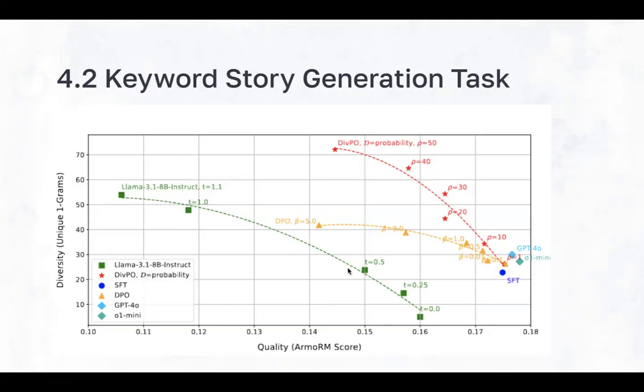Here is Llama, a pre-trained model, and here is the method we use, DPO, and here is DIVPO. This one should be more obvious than the task before. We can see that DIVPO can achieve high quality with also high diversity.